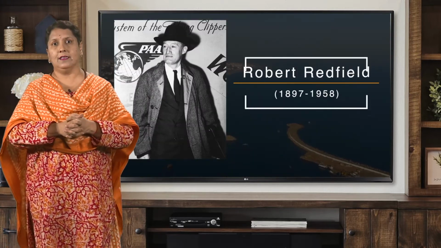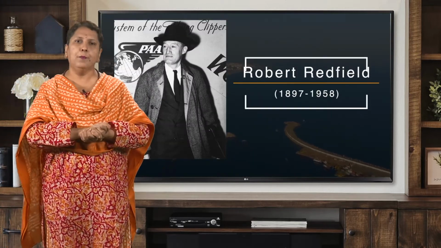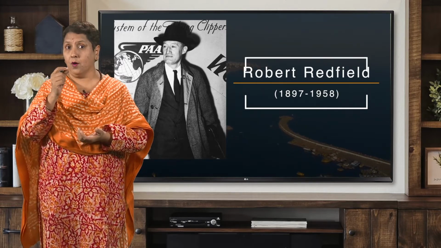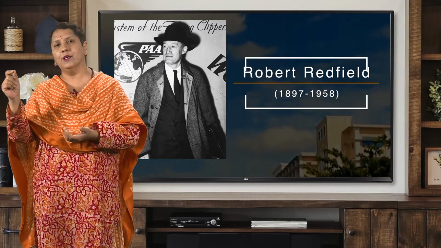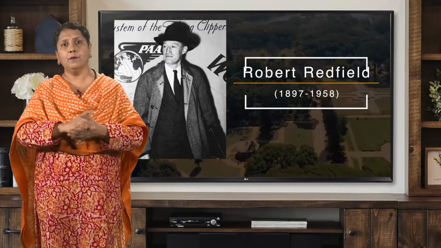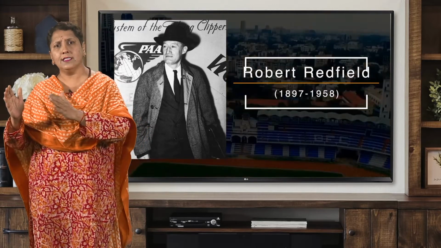Robert Redfield in the 1930s made important contributions to develop the concept of the folk, rural and urban continuum. He constructed a continuum from small rural villages to large cities. More urban means that the population is more secular, more individualistic, with a greater division of labor.